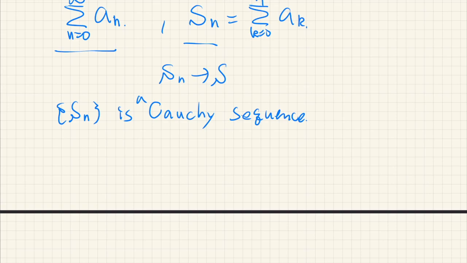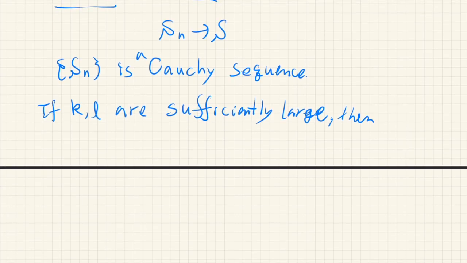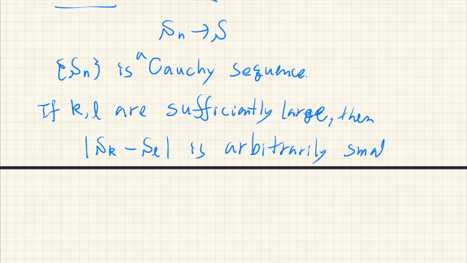Roughly speaking, if k and l are sufficiently large, then the difference between Sk and Sl is arbitrarily small. So this is what a Cauchy sequence means.